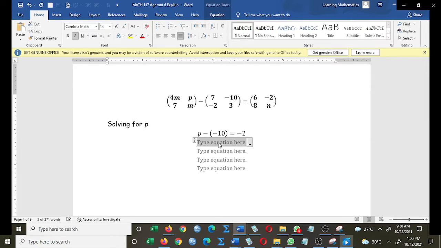I thought it would be minus 10 plus 10 equals minus 2 plus 10. You do it on both sides. Yeah, but what about that P minus? You're not mentioning it. I think you would add, you put a 10. I'm not sure.